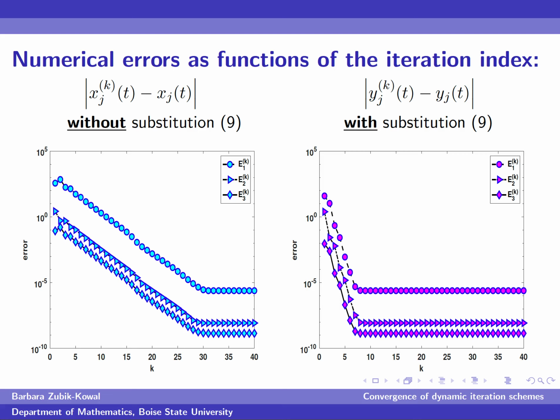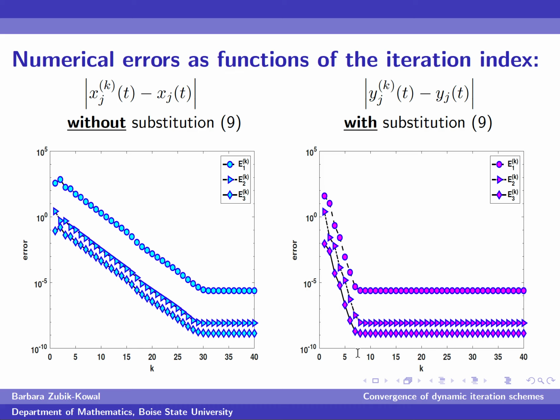From the left-hand side figure, we see that the scheme without the substitution converges in 30 iterations, while the scheme based on the substitution and presented in the right-hand side figure converges in only 8 iterations. So by using this substitution, we save 22 iterations, which of course saves computational time.